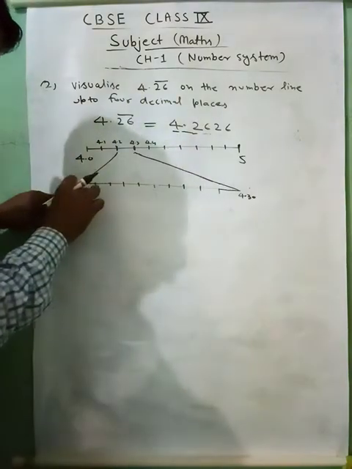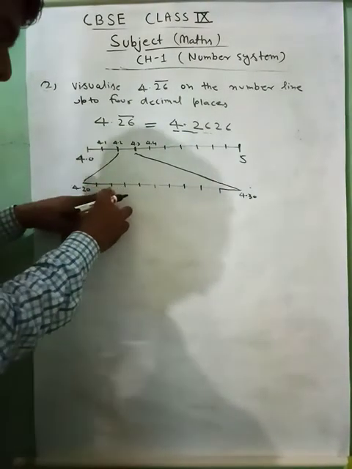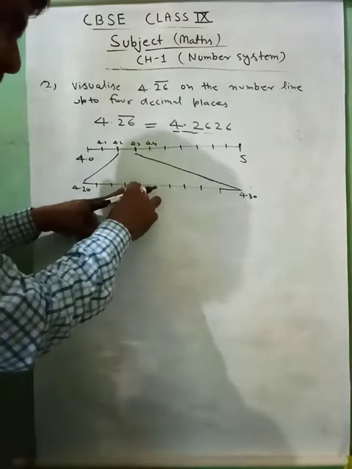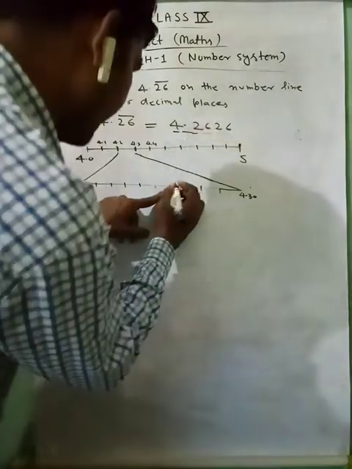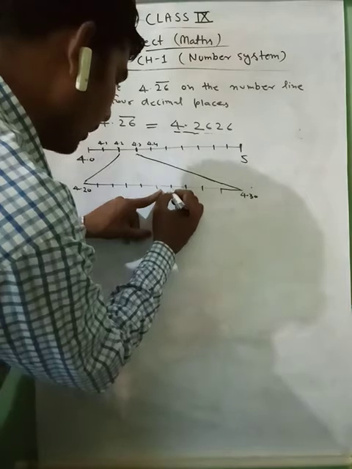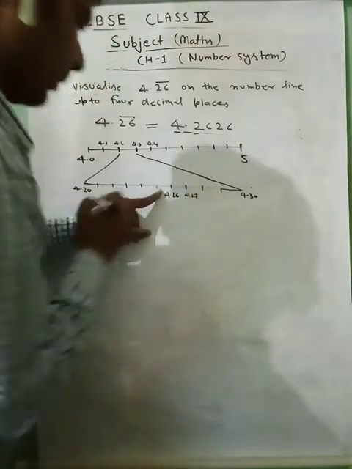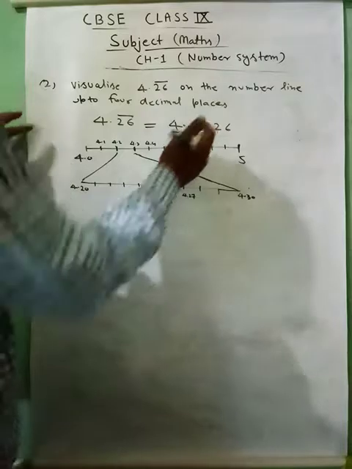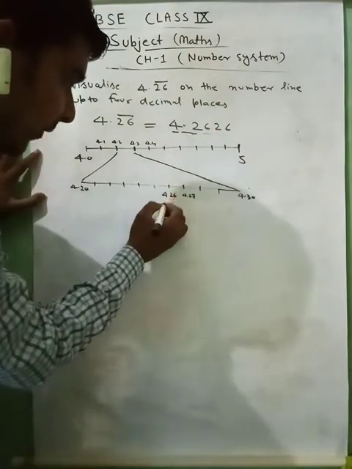So 4.20, 4.21, 4.22, 4.23, 4.24, 4.25, 4.26. It means it will be here, 4.26, and it will be 4.27. Clear? So again we see this distance using a magnifying glass.